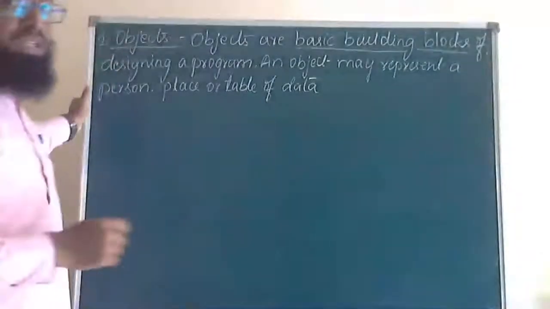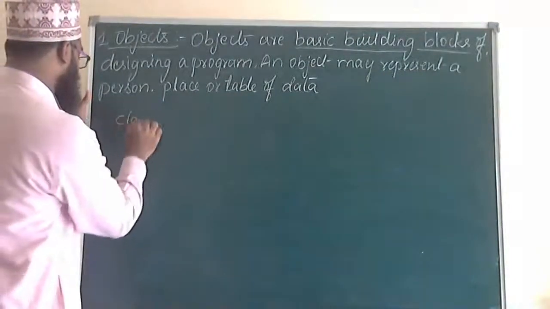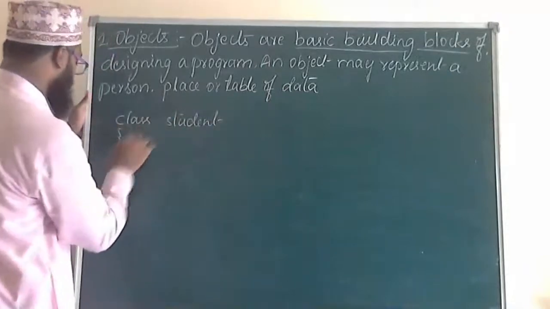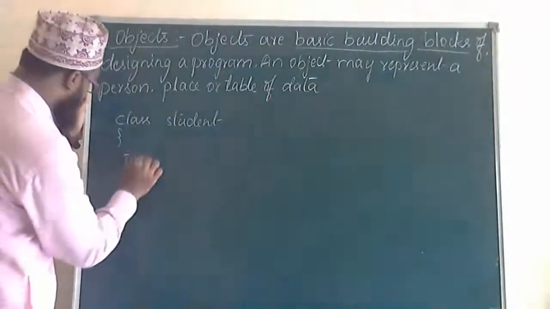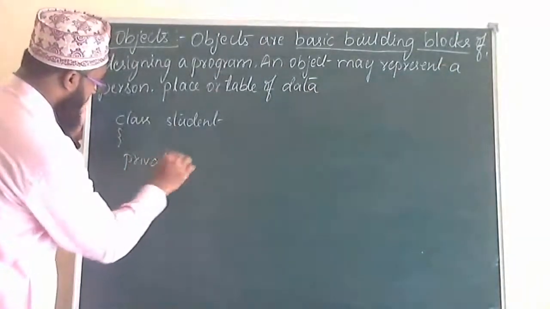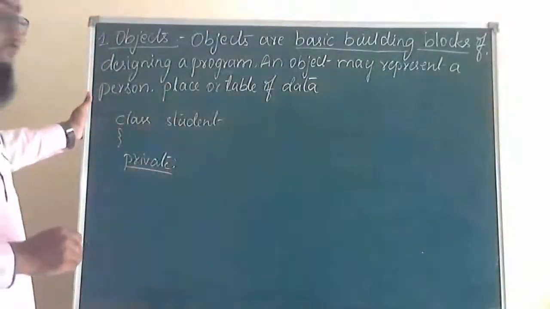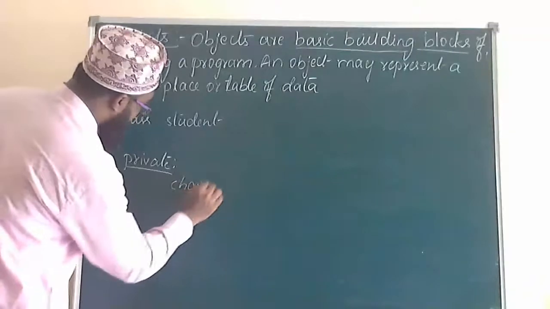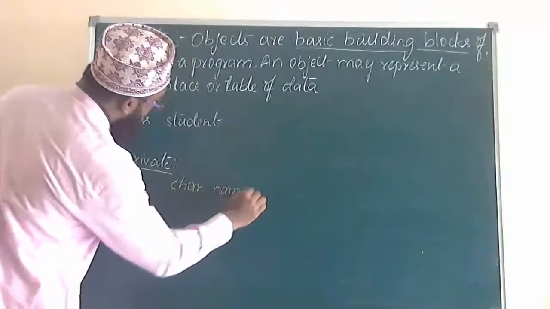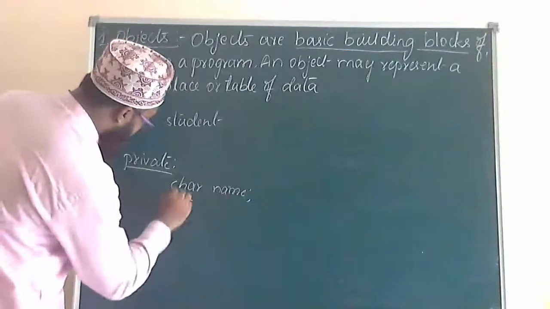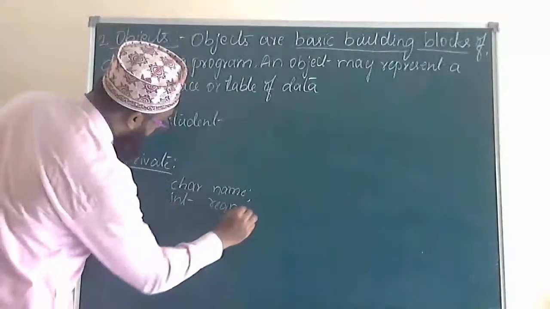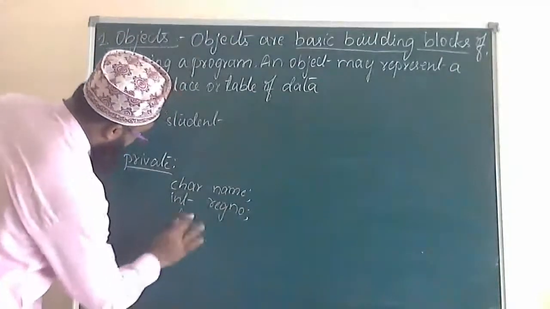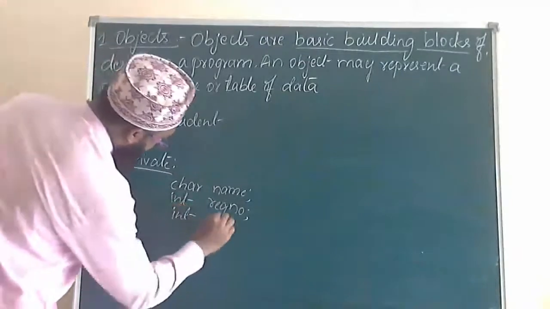Just like in your programs, class student, under which you have a private access specifier, and under it you will use data members like char name, then int register number, then char or int class.